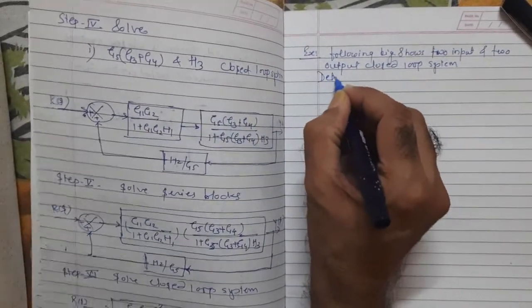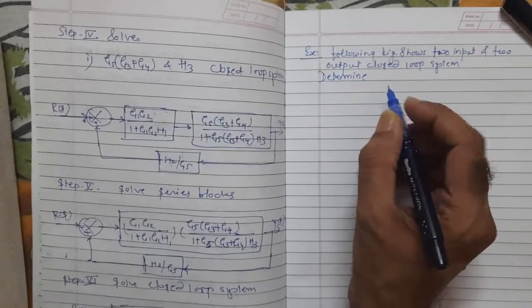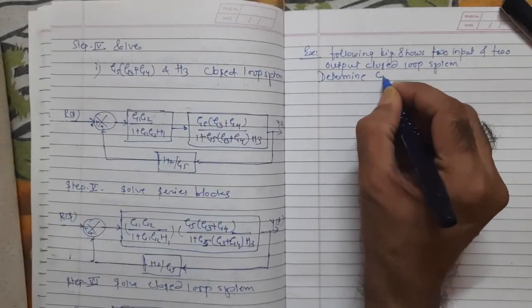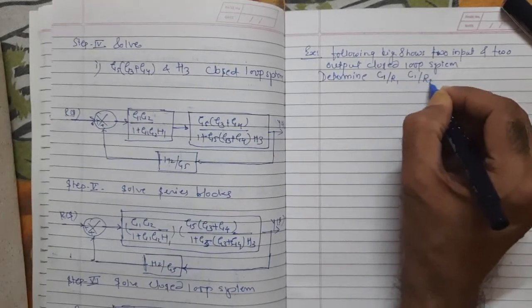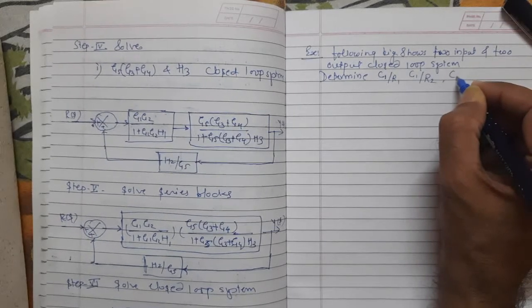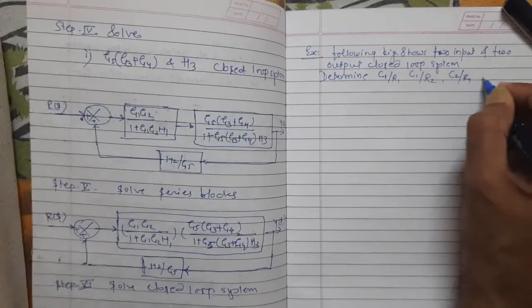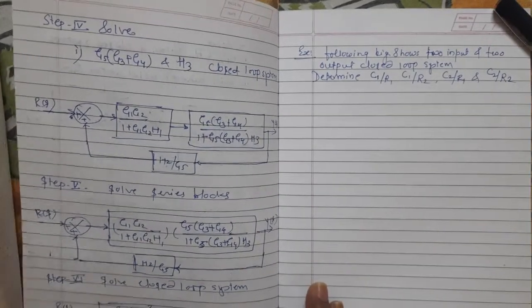Determine C1 by R1, C1 by R2, C2 by R1 and C2 by R2.